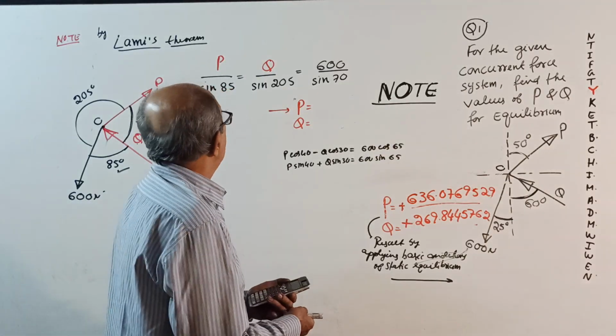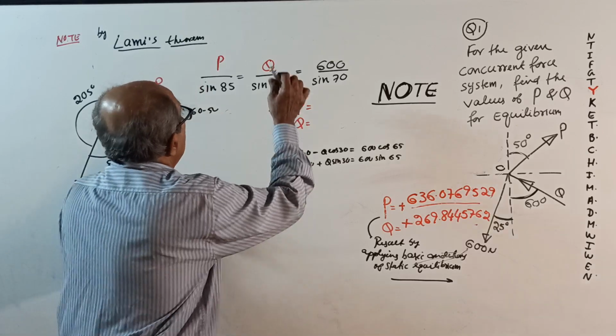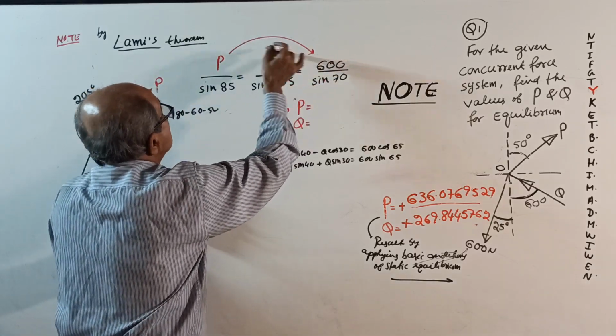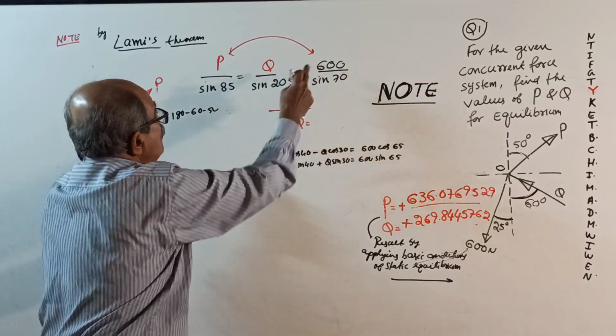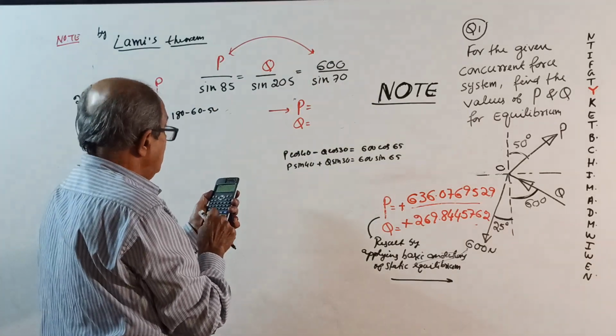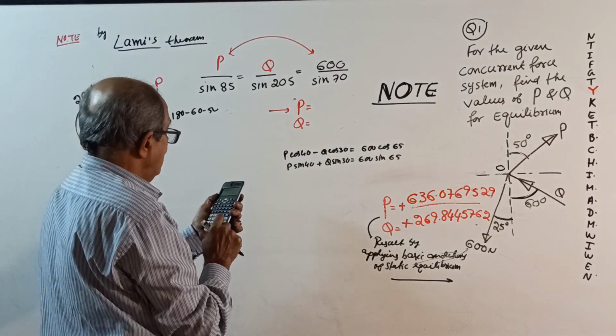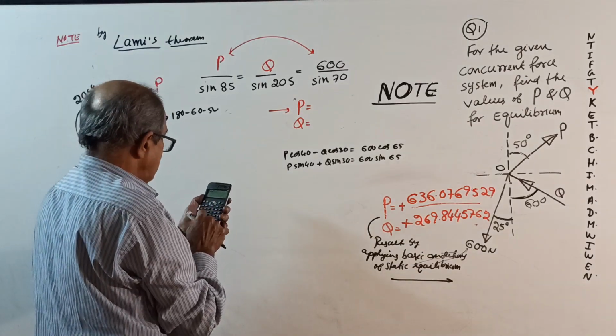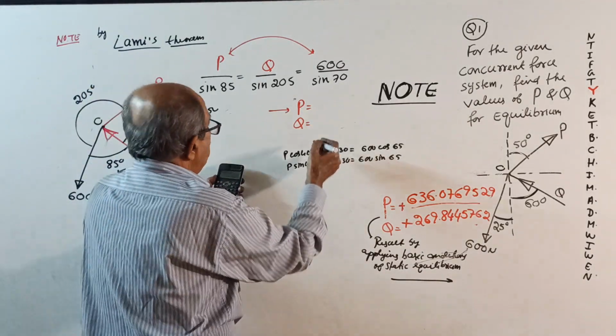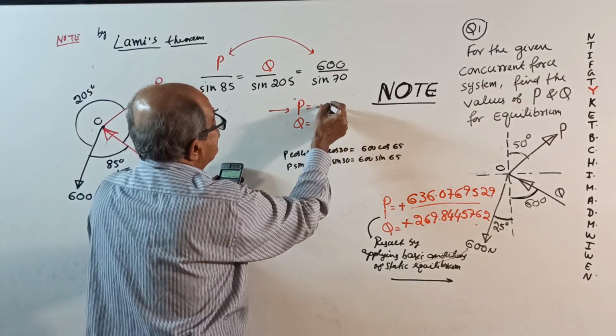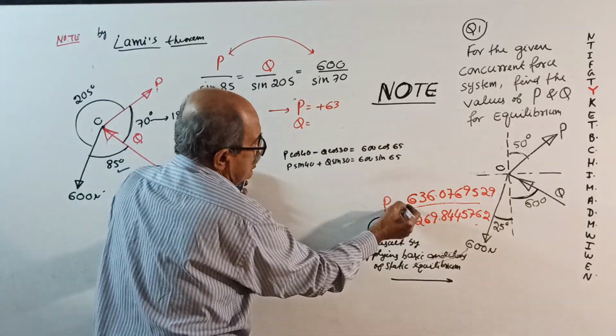Okay, I will calculate slowly now. How to calculate? I will use these two equations. See, P equals 600 divided by sine 70 multiplied by sine 85. I am getting P equal to plus 636.077. See, there I got plus.